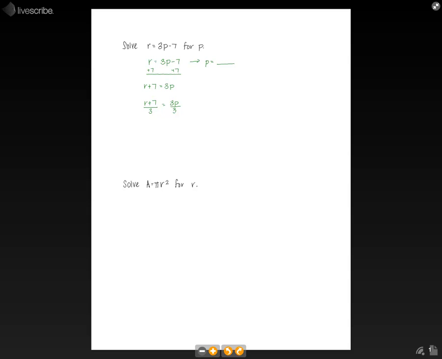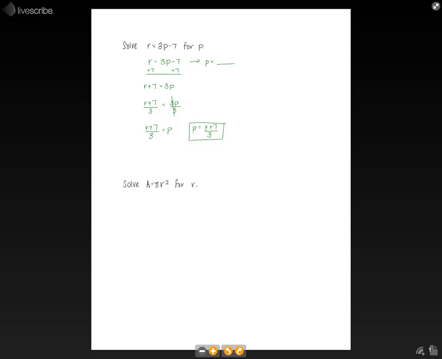So the 3's cancel out on this side, and we're left with just (r plus 7) over 3 is equal to p. So if we turn that around, we get p is equal to (r plus 7) over 3. And that's our answer.